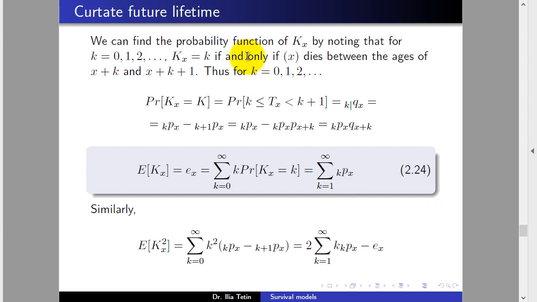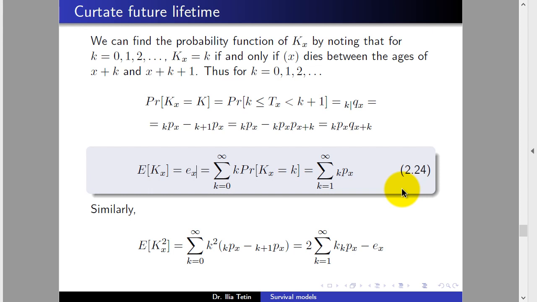We can find the probability function of Kx, and this is the value of this probability function. The expected value of Kx is denoted by ex. So ex equals the expected value of Kx and is referred to as the Curtate expectation of life, even though it represents the expected Curtate lifetime.